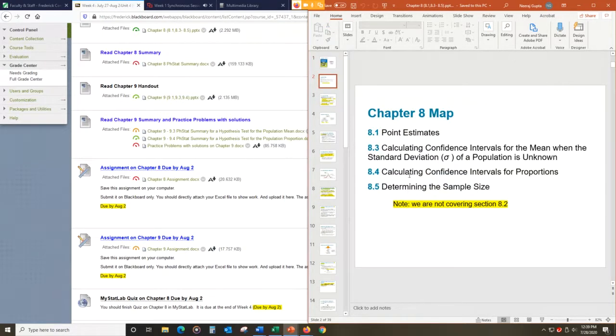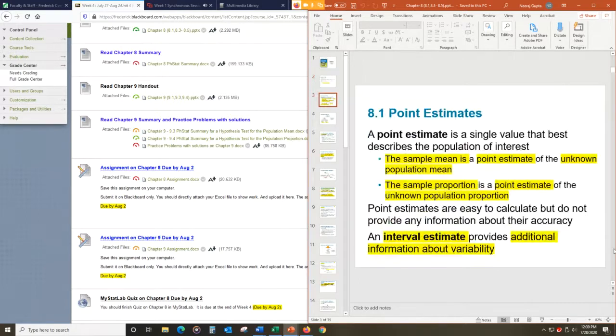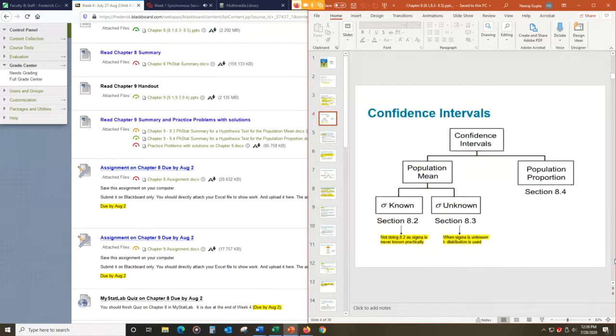So we are not doing 8.2 section of chapter 8 simply because, let me just show you here, the confidence intervals, like the population parameters which we will be estimating from sample statistics are population mean and population proportion.